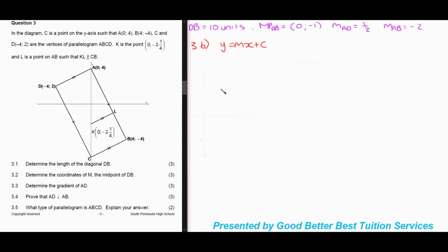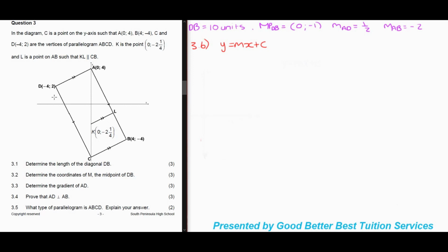One thing that's very important for us to note here is that KL is parallel to BC, or CB. So we know KL is parallel to CB, but if you look closer at the diagram, because we know it is a rectangle, we know that CB is also parallel to DA or AD.